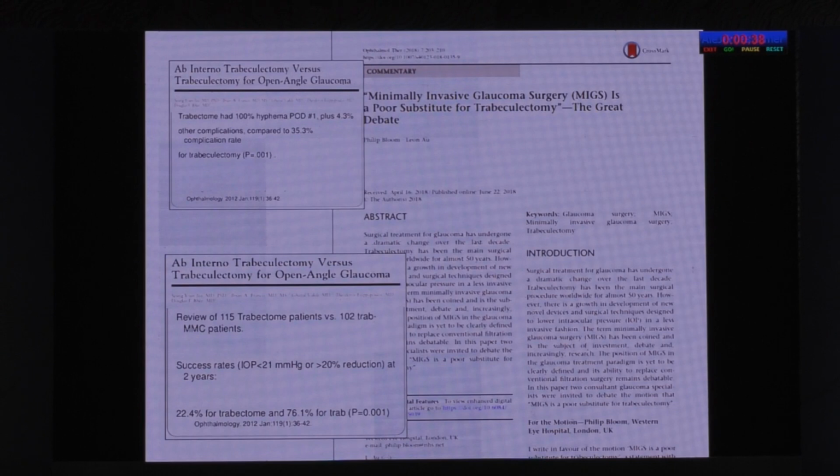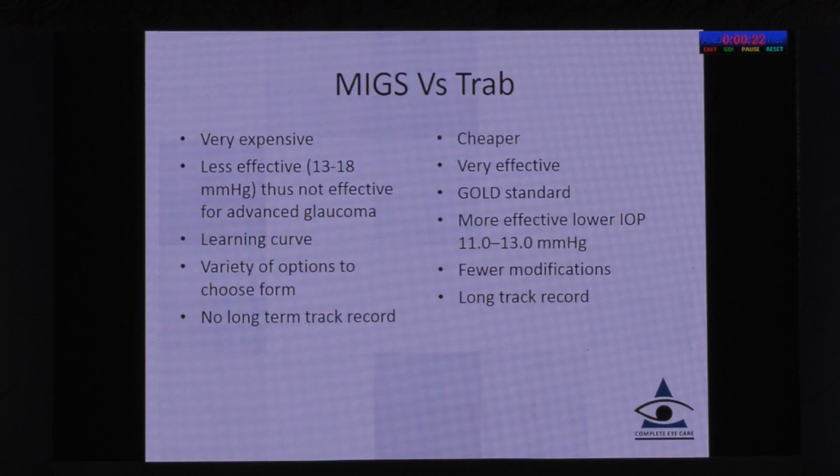However, the success rate is also much inferior as compared to trabeculectomy, 22% versus 76% with routine trabeculectomy. Therefore, MIGS is not a very good substitute for trabeculectomy except for a certain subset of patients.